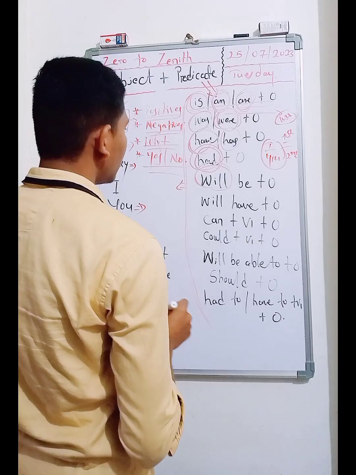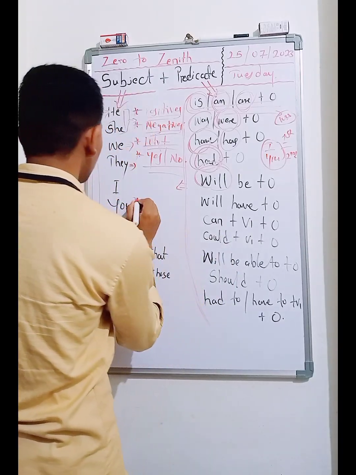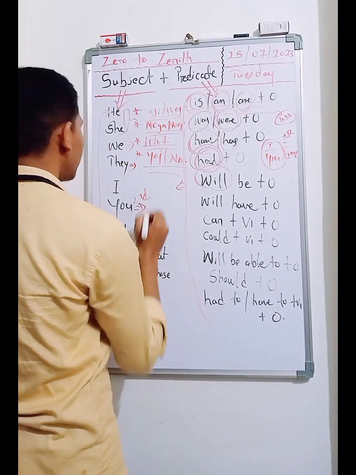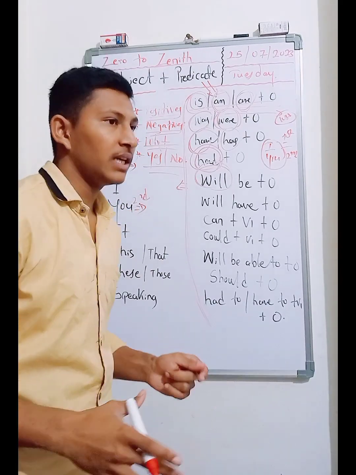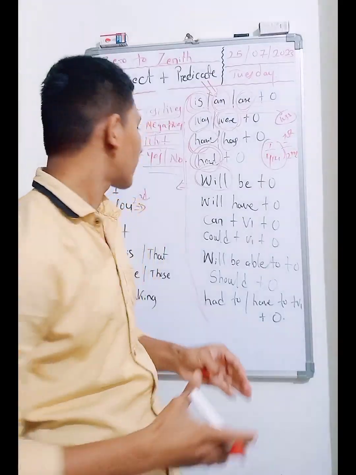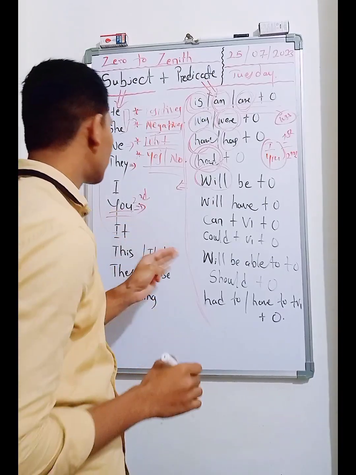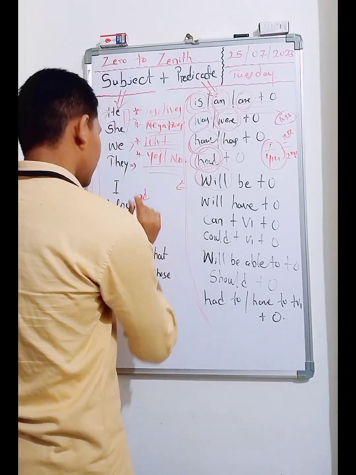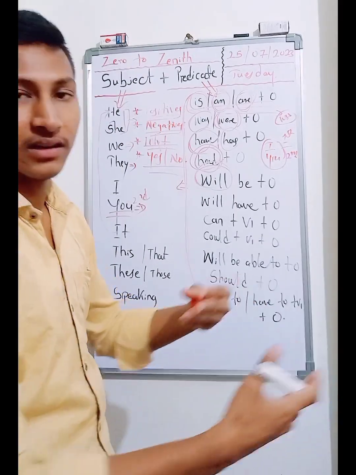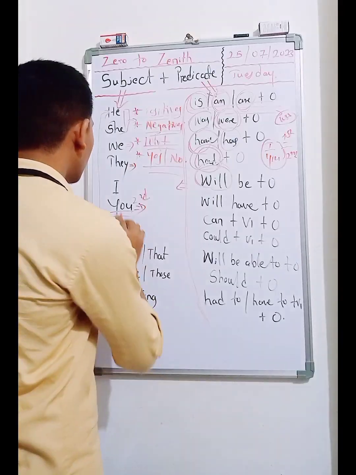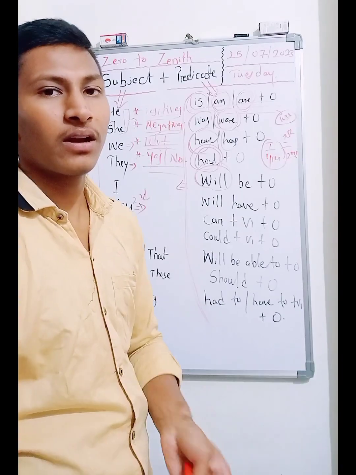So with you, this is second person, and this one is acting as the dual character. Means this will play the dual character, as second person, but this is used with singular and plural both.